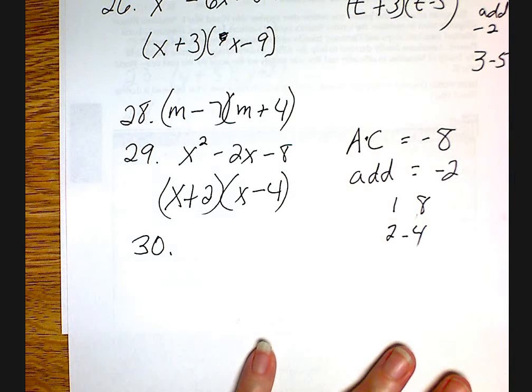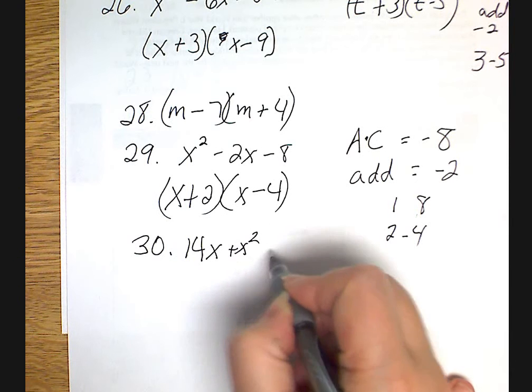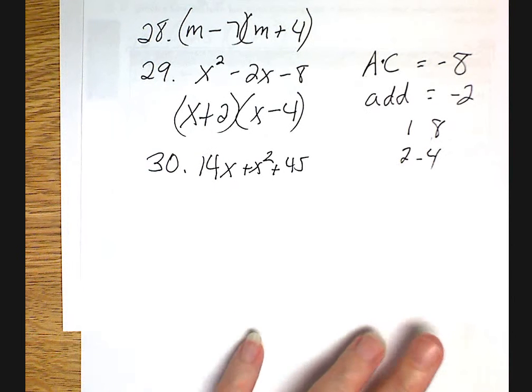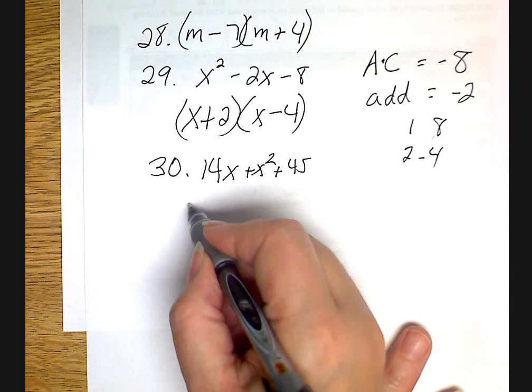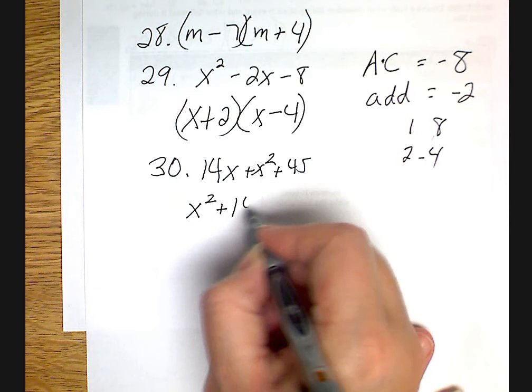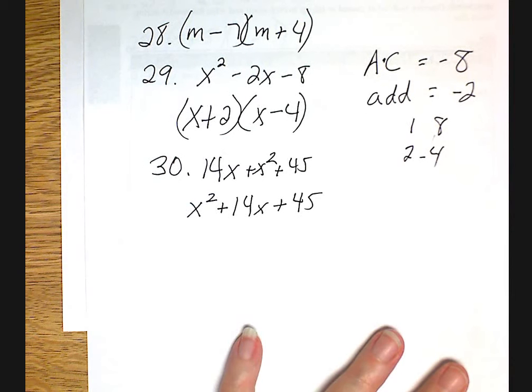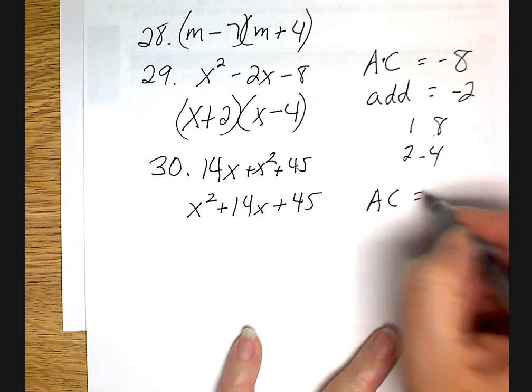Okay, so we have 14x plus x squared plus 45, right? So what's my first step? The first step is to put this in descending order. All right, now what's my next step? AC, so AC is 45.